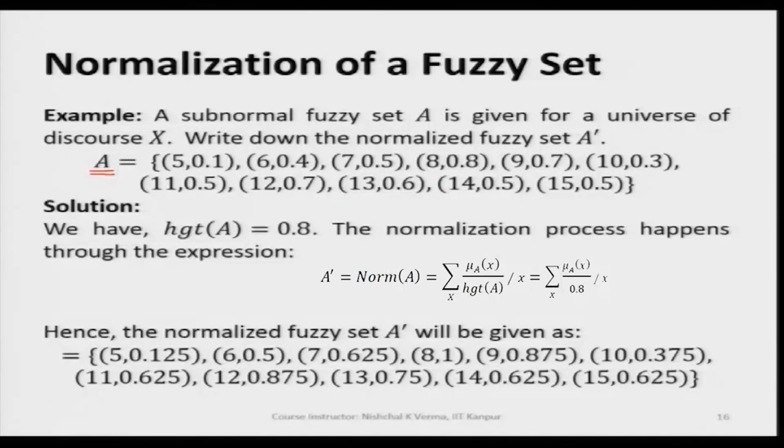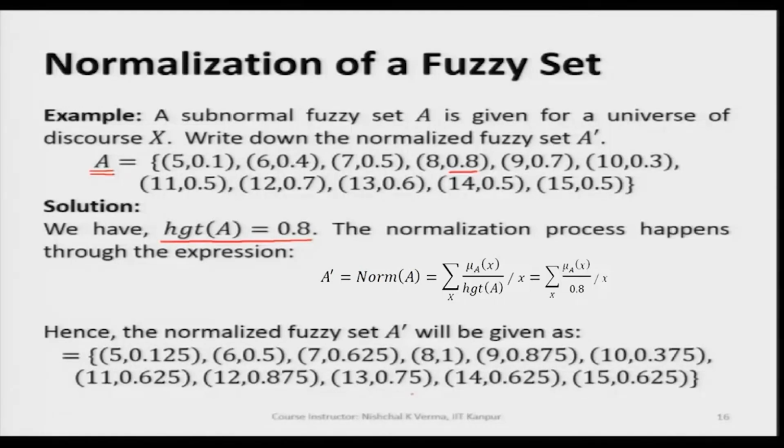Now, we would like to normalize this fuzzy set. So, we first find the height of this fuzzy set, and the height is 0.8, because the maximum of all the membership values present in this fuzzy set is 0.8. Then we simply divide this fuzzy set, which means we divide the corresponding membership values.